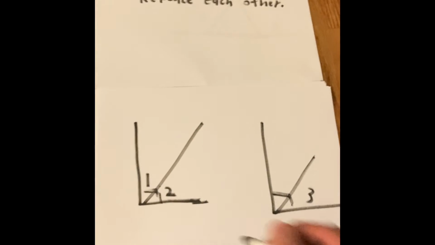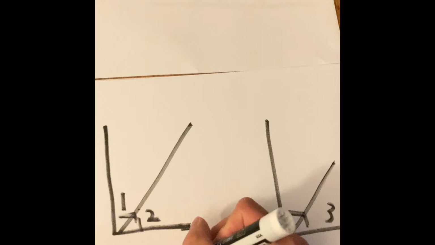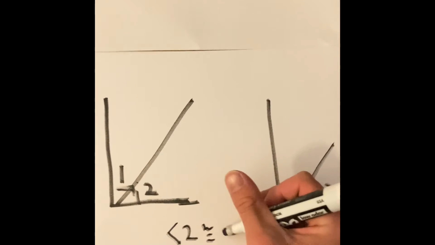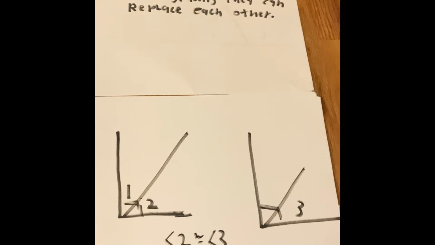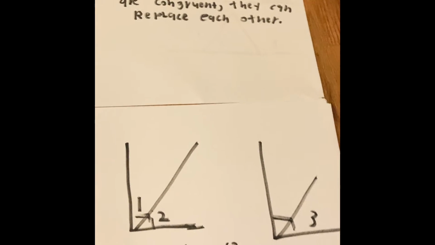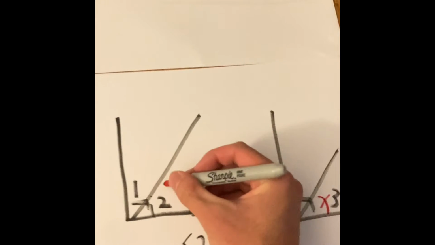So we have to somehow replace something. We are given that angle 2 is congruent to angle 3, so that tells us that this is going to be congruent with that.